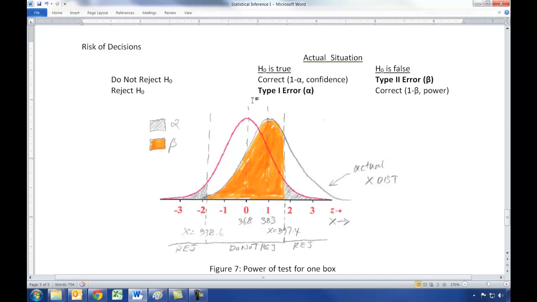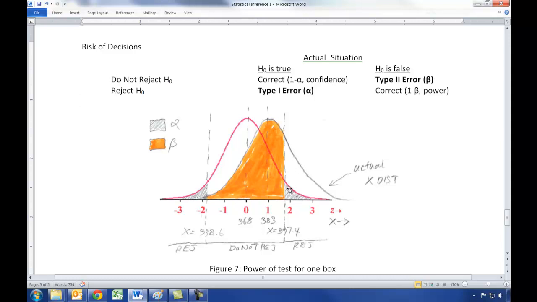So given mu is indeed equal to 368 grams, we can still make observations that would fall into the reject regions. The probability of making such an observation is alpha, which is 5%.